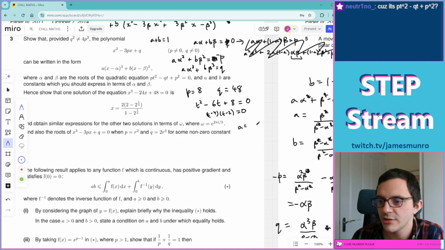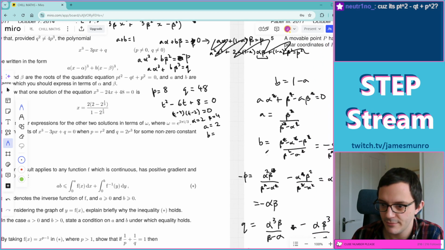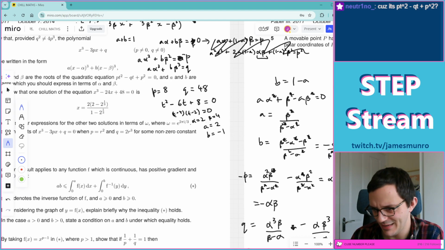Does it matter which way around they are? Okay, so if I say alpha is 2, beta is 4, then A turns out to be 4 over 2, which is 2, and B turns out to be negative 2 over 2, which is negative 1. Alpha over the difference is 2.